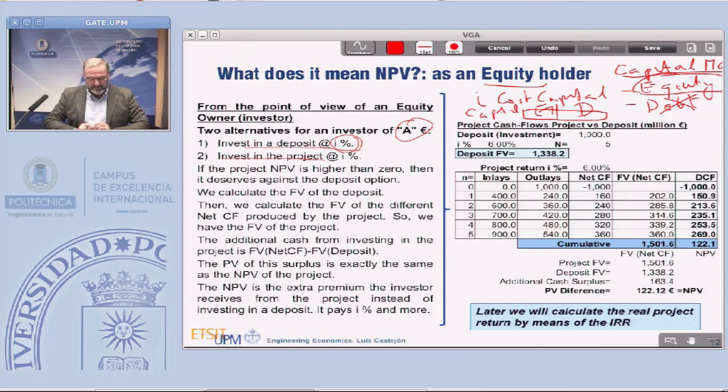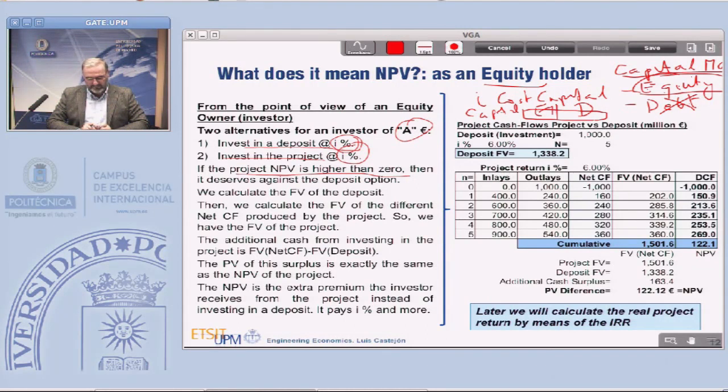And then we will use in this project also the same interest rate to compare. If the net present value of the project is higher than 0, the project is more attractive than the deposit. So that's the way we are going to explain now. If the project net present value is higher than 0, then the project is preferable to the deposit option. So that's the usefulness of NPV.